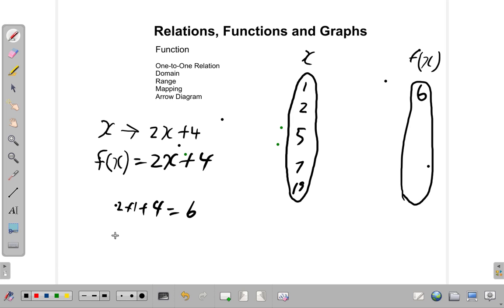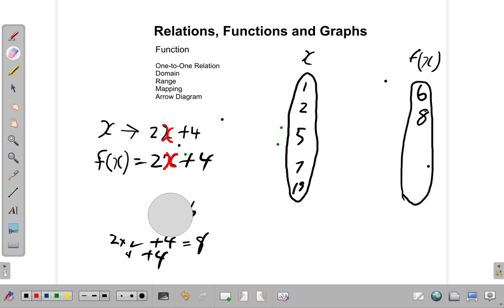When x is 2, 2 times 2 plus 4 will give you 8. 4 plus 4 is 8. That's 8, right? Let me just put my x in a different color here, so you can easily see the x that I'm calculating, right?